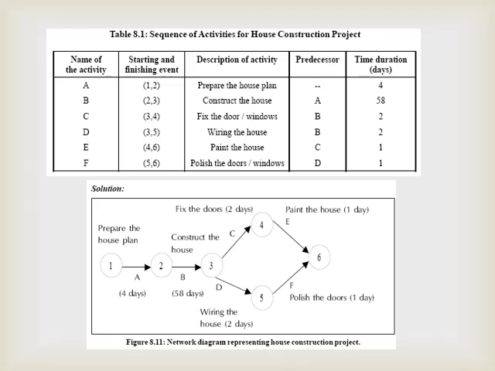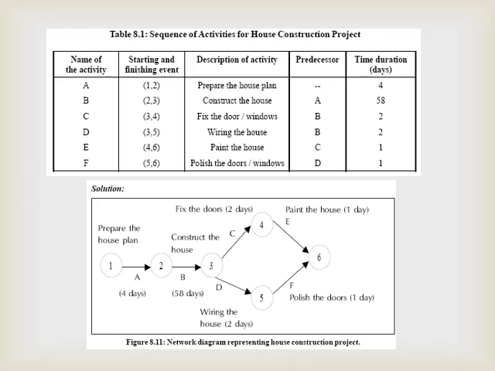Okay. Activity E exits from event 4, while activity F exits from event 5. Paint the house, 1 day. This is about activity E. And polish the doors takes 1 day. This is from event 5.